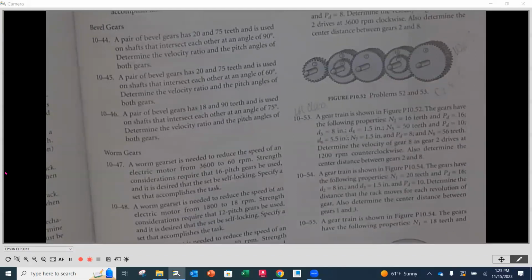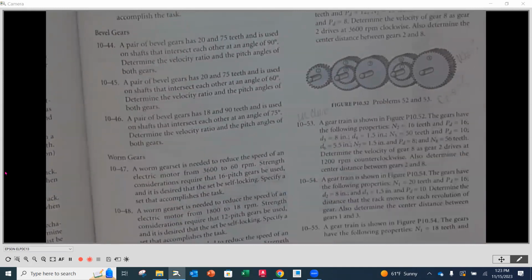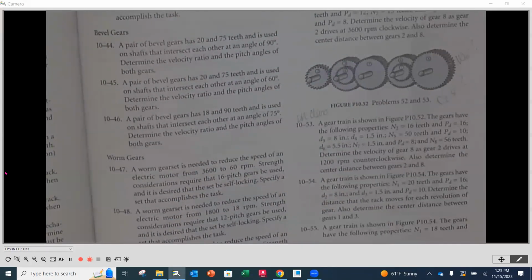Same process is going to occur as we did on the last one, except one thing. I'm going to wait to tell you that because we'll talk about it. Let's approach this the exact same way that we did the example problem we just got done with. Because we're going to be figuring out center distance here, we might as well find pitch diameters for anything we don't have.